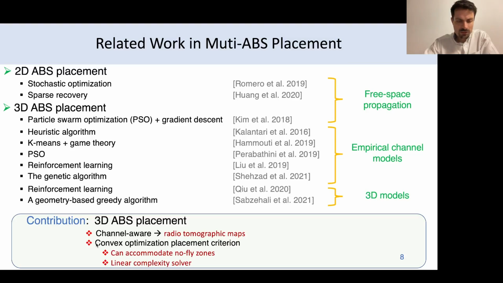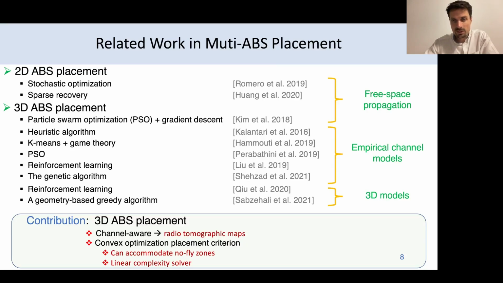And to do this, we propose a convex optimization criterion that allows us to accommodate no-fly zones, so positions in space where the UAVs cannot go, right?